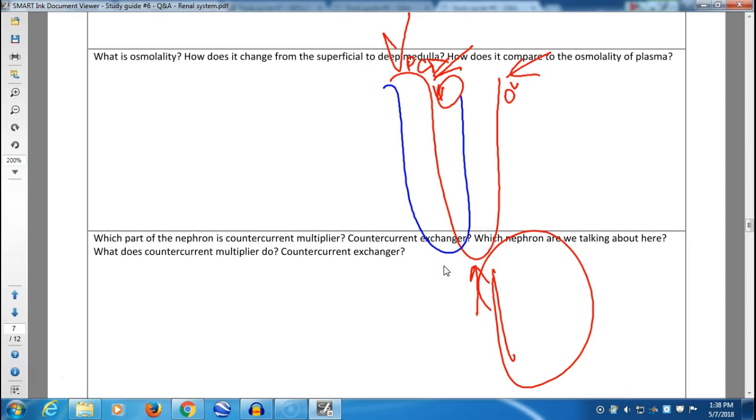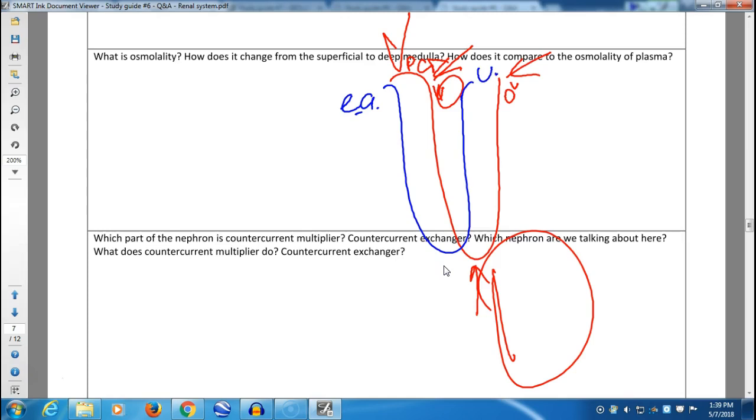Now, in the descending limb, what is reabsorbed? Water. In the ascending, sodium chloride. Know this. There's no logic. It's just memorization. But it kind of helps to figure out what happens to the volumes. In terms of vasa recta, say this is the efferent arteriole side, and this is the venous side.